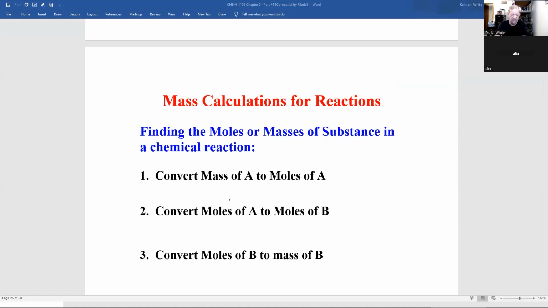We've done a number of those. Next, convert the moles of whatever you just calculated into moles of B, the substance you're trying to get to, and then convert the moles of B to mass of B, grams, and you know how to do that. So let's do two more practice problems. Tomorrow, I'll go through the practice problems.